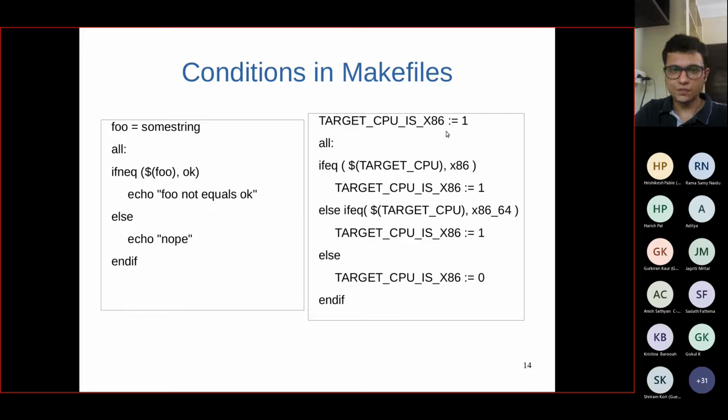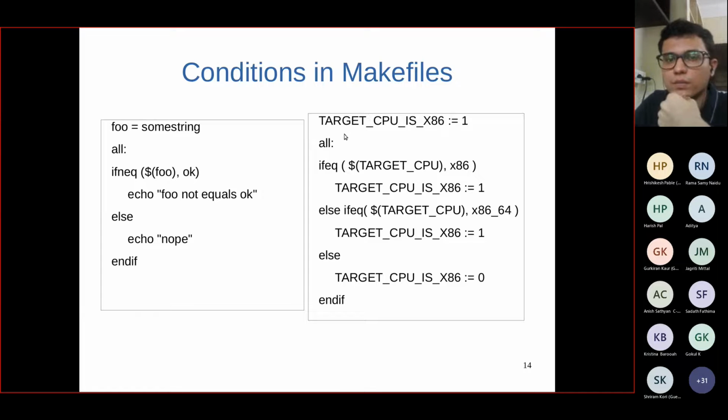So we have declared this variable, right? TARGET_CPU_X86, and we have set it to 1. And then we are checking if this target CPU is equal to x86 or not. So we are checking the value of the variable.